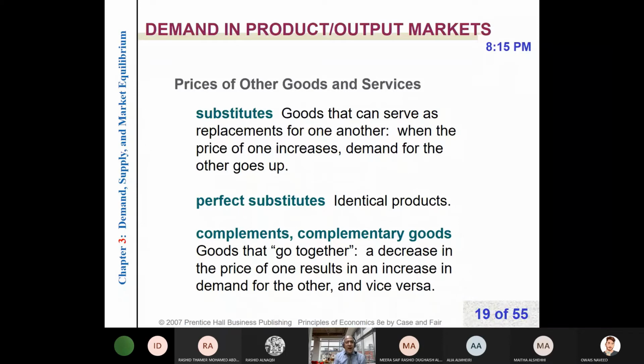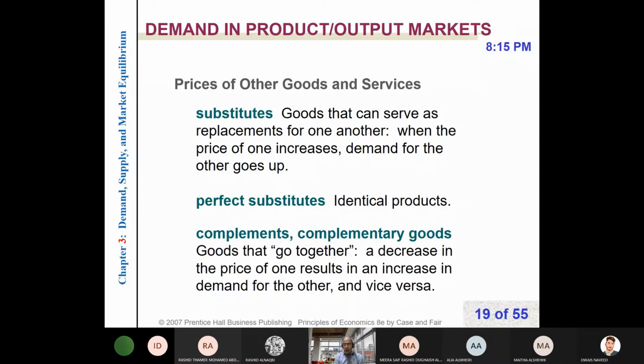So assume now the price of coffee increases while the price of tea is unchanged. Again, if the price of coffee increases, do you think I'm going to buy more or less tea? More tea. What's your name? Awais.